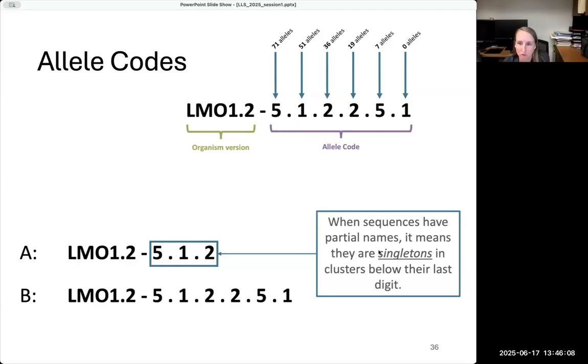So it has a partial allele code. It means they're a singleton in a cluster below their last digit. For this one, it goes out to the 3rd digit. So it's closely related enough to stuff within 36 alleles, but it's not related to anything else between 36 and 0 alleles. So that's why it doesn't have any more digits as of now.